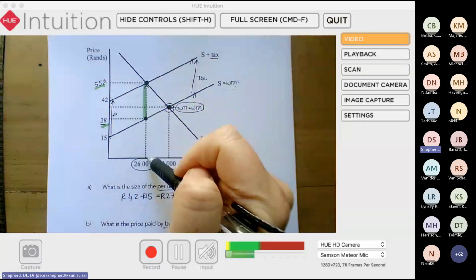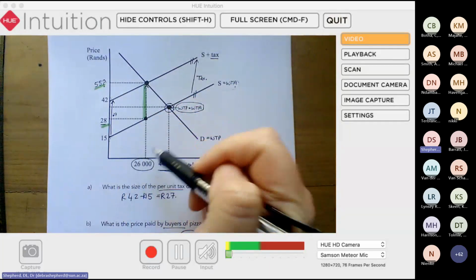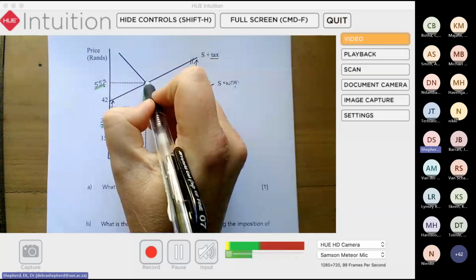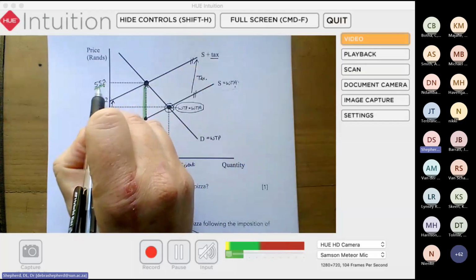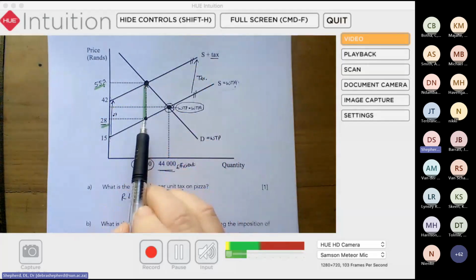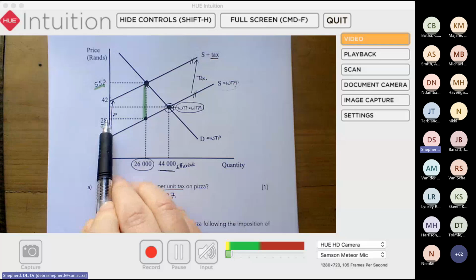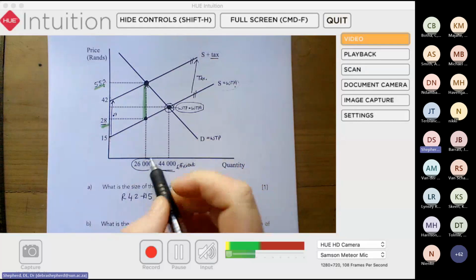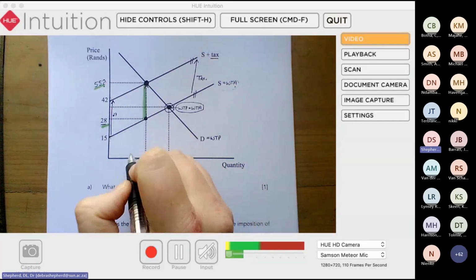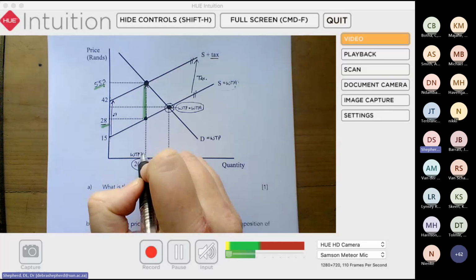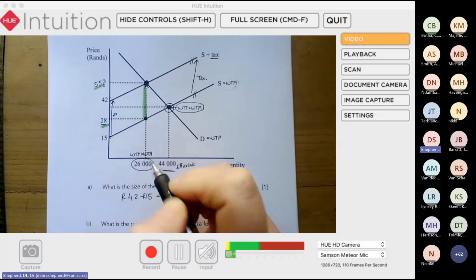At this quantity of 26,000, the willingness to pay of buyers is the 55 Rand, and the willingness to accept of the sellers is 28 Rand, which means that at 26,000, the willingness to pay exceeds the willingness to accept.